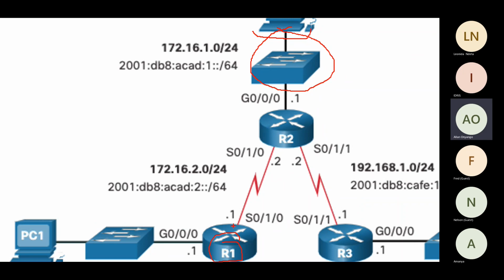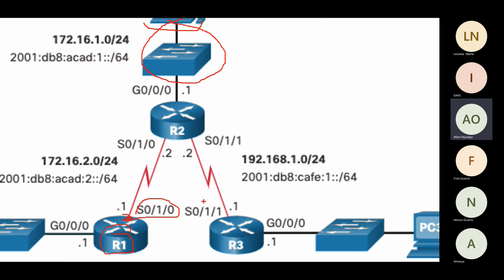Remember, that message must leave through this interface, serial 0/1/0. And even if that packet is going to the LAN of R3, the message from R1 must still leave the router R1 through interface serial 0/1/0. That is paramount, and that is not going to change.